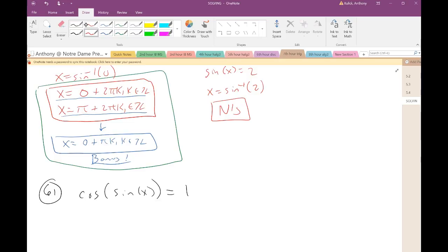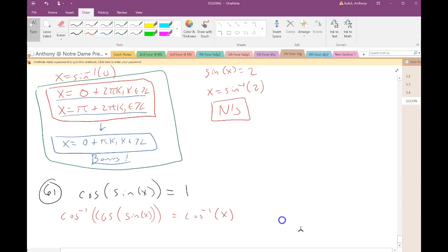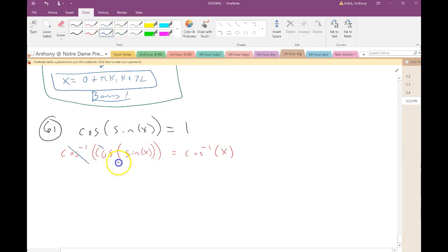How do we do that? I'm going to do a cosine inverse to both sides. So that cancels those, and I'm left with sine x. And then cosine inverse of 1.